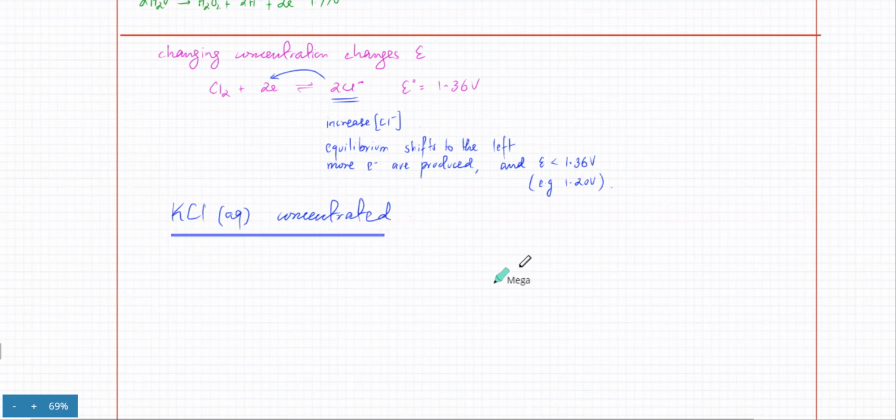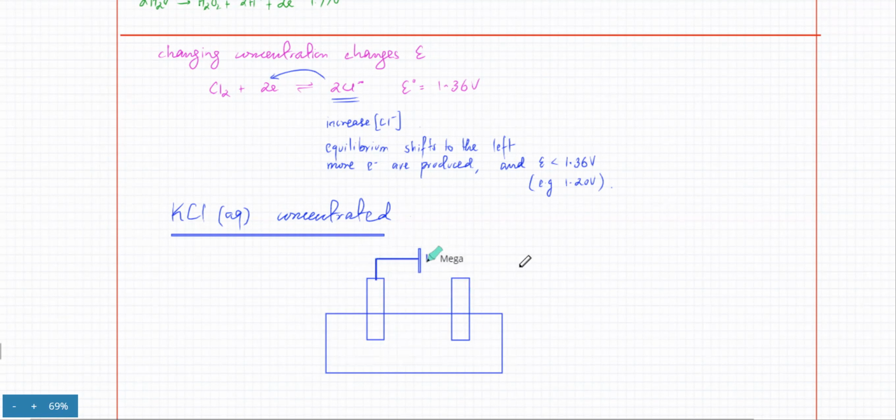So if you try to do the electrolysis, here are your two electrodes. So that's your battery.